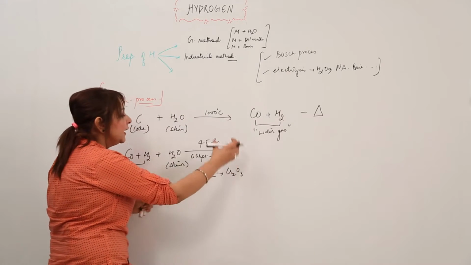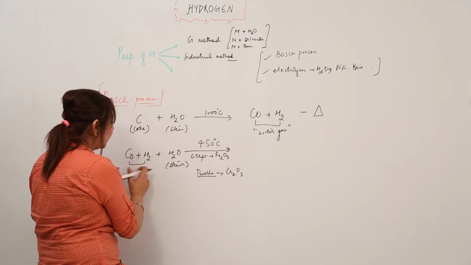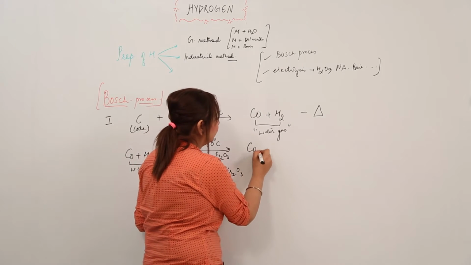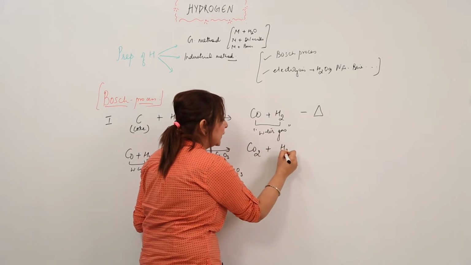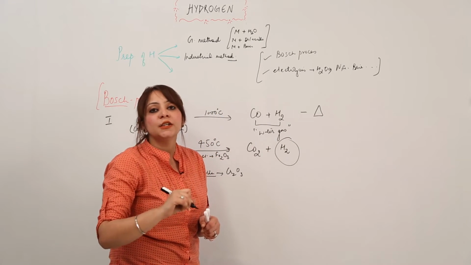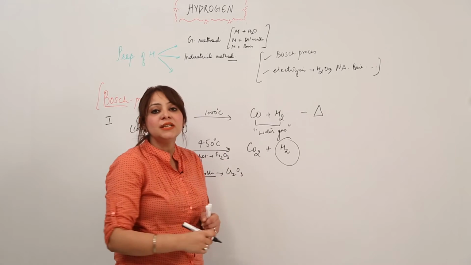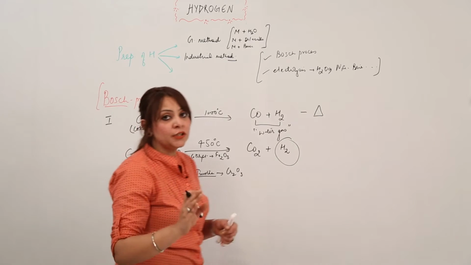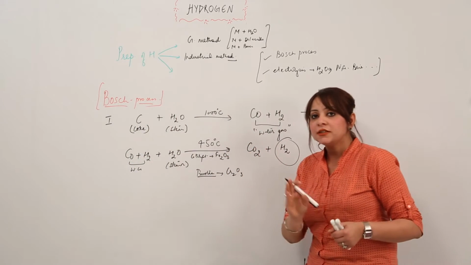In the presence of these two, the water gas reacts with the excess steam, leading to the formation of carbon dioxide and hydrogen. So here is our main product which we wanted, that is hydrogen, right? But the question I am going to discuss now is very important, so just listen to me.